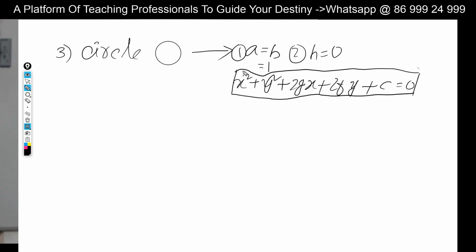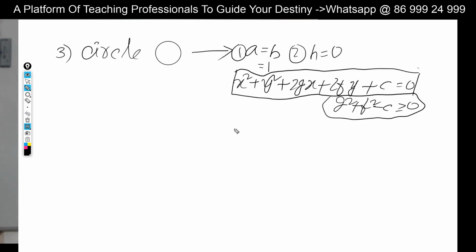Of course, further in circles, you will get an extra condition that it is to be a real circle: g square plus f square minus c is greater than or equal to 0. We will be learning that further. But till then, you have to remember that for the second degree non-homogeneous equation to represent a circle, a is equal to b and h is equal to 0. By applying those conditions, you will get the equation of the circle like this.